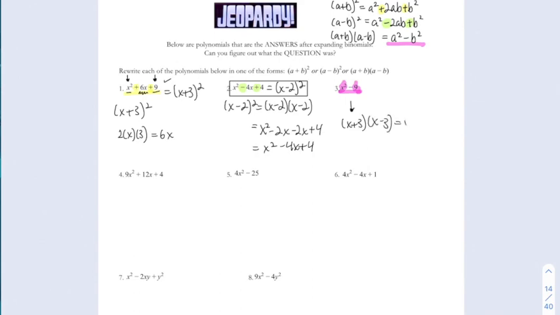And if I try to expand it, I get x squared plus 3x minus 3x minus 9, which indeed, because those two cancel out, is x squared minus 9. So I know that my Jeopardy question was x plus 3, x minus 3.